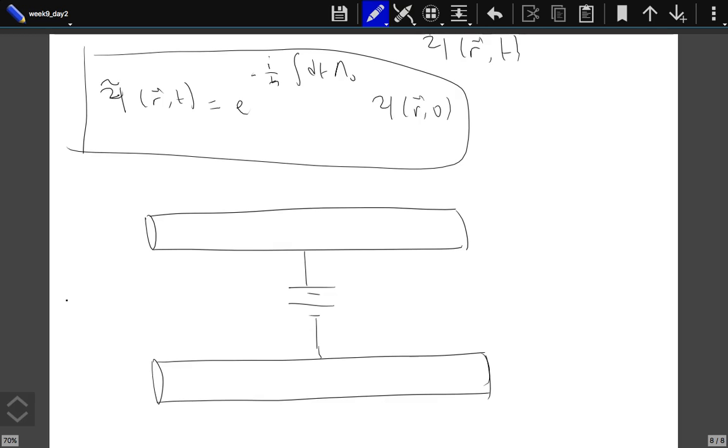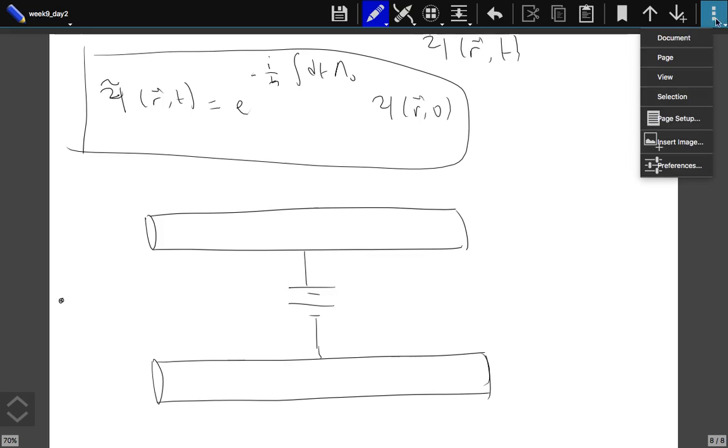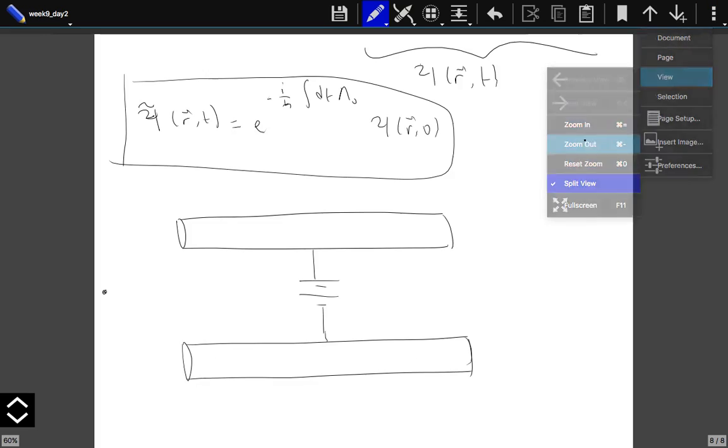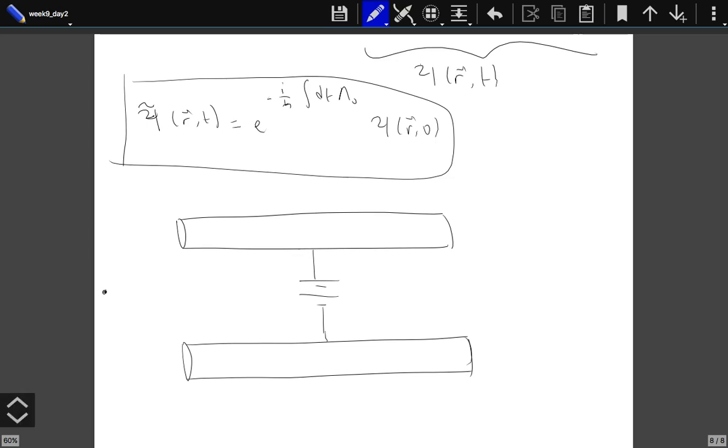So imagine you create your wave packets over here. And you send your wave packets either from the top or from the bottom.